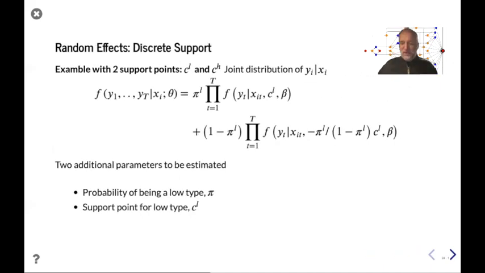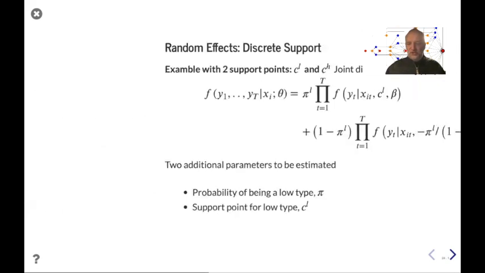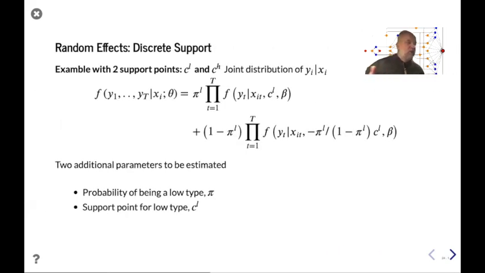It's the same as we had here, just spelled out with only 2 points of support. But you don't have to have only 2. You can add more and more points of support, and check if the parameters that you're estimating are significant. Then you stop eventually as they become less significant.